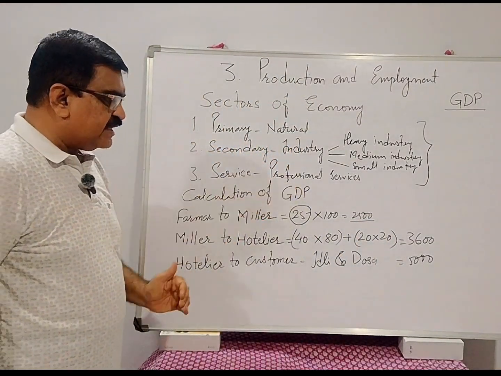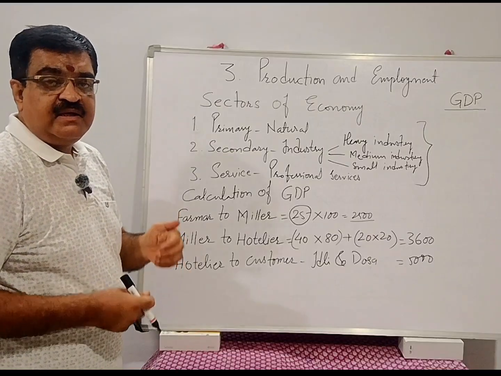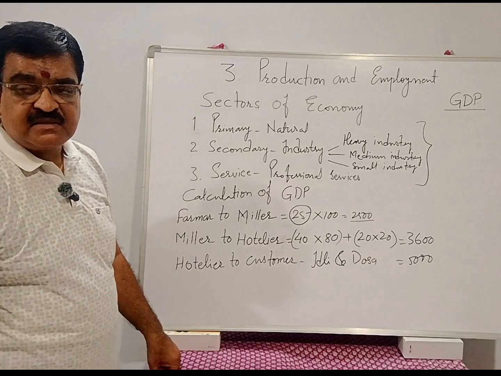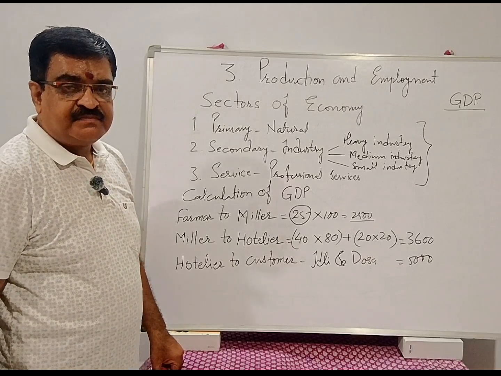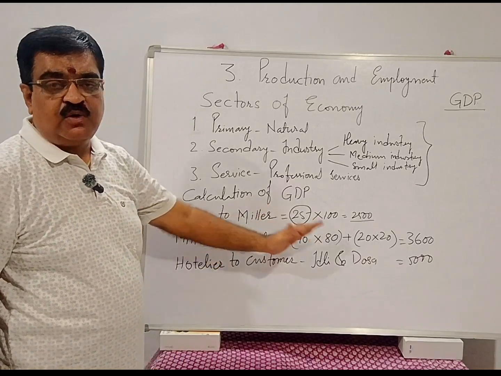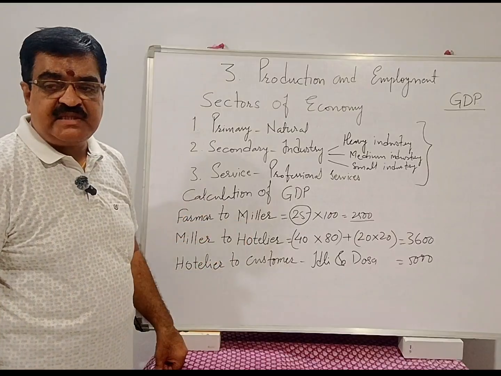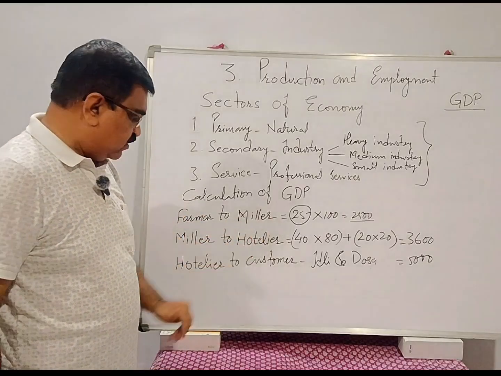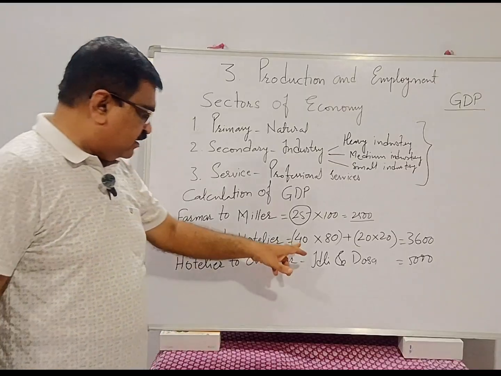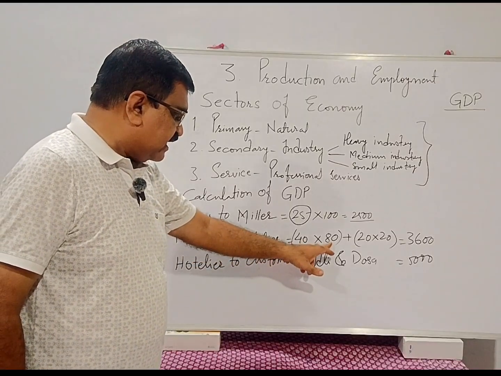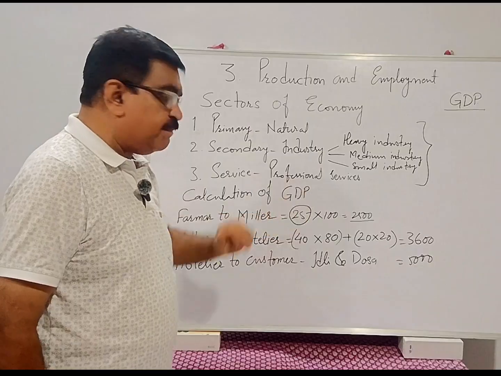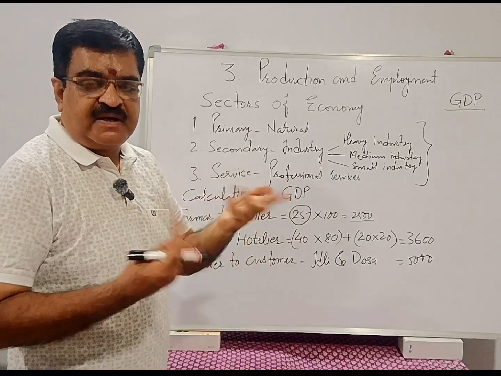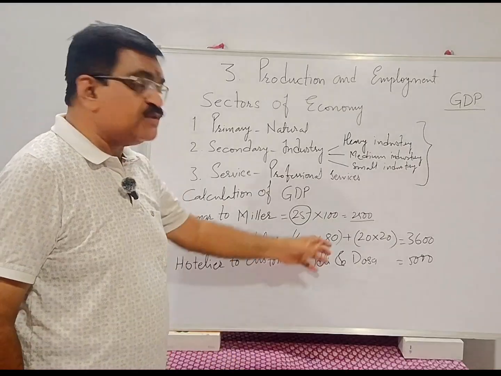Now, what did the miller do? The miller has separated rice from the paddy, and the miller has sold it to the hotelier. Hotelier means the person who will run the hotel. He has taken 80 kg of rice from that paddy, because some wastage will be there, husk will be there.